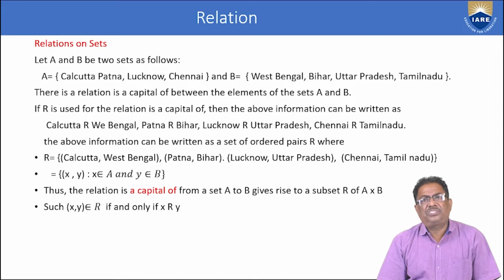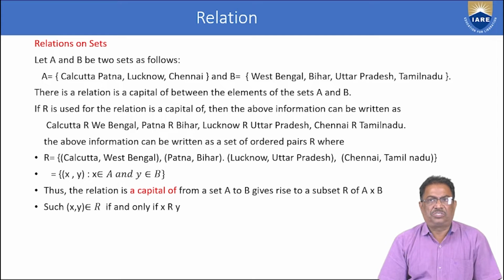Now there is a relationship between the elements of A and the elements of B. One set consists of cities and another set consists of states, and there is a relationship. What type of relationship will it be? Calcutta is related to West Bengal, Patna is related to Bihar, Lucknow is related to Uttar Pradesh, Chennai is related to Tamil Nadu.